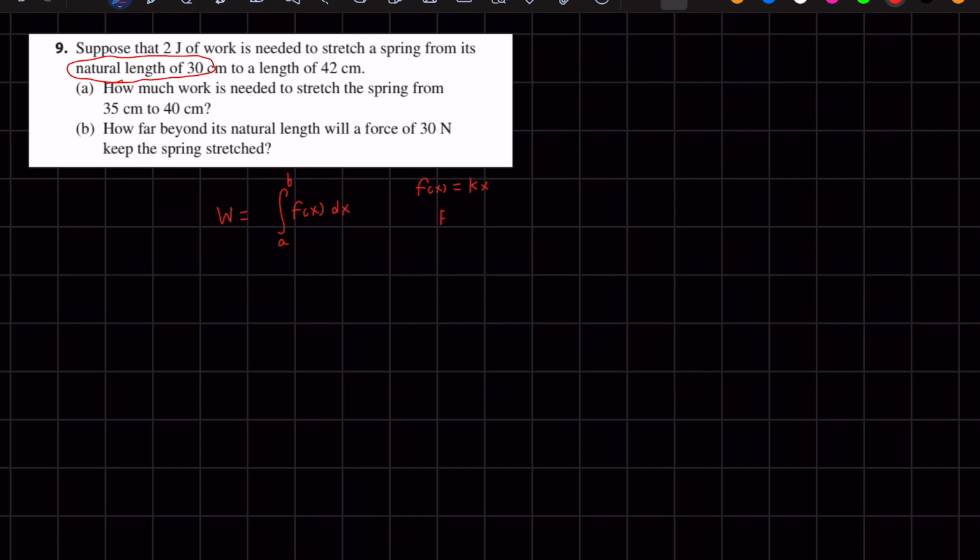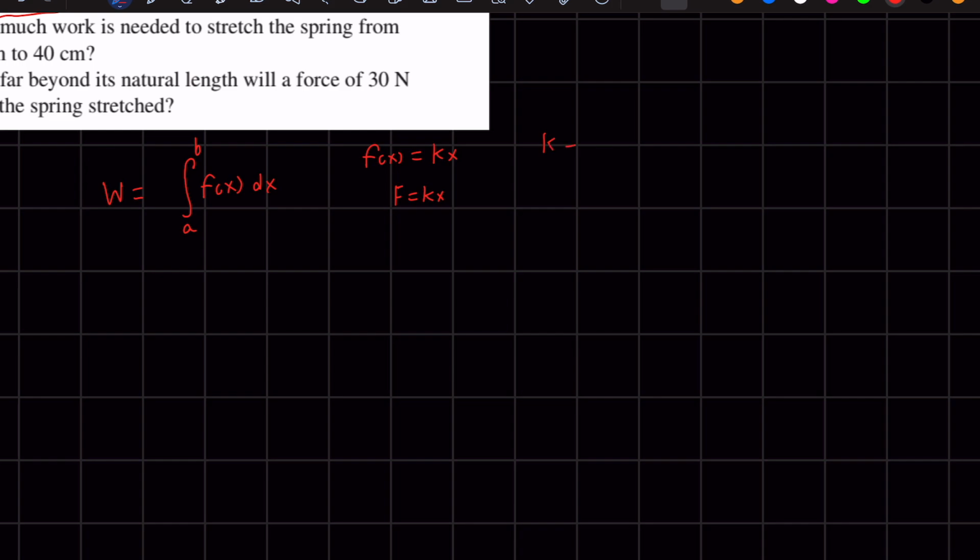Force with the spring is kx, where k is your spring constant, effectively like the strength of the spring, and x is the amount of displacement from the spring's natural length. So how much does the spring travel from its natural length?